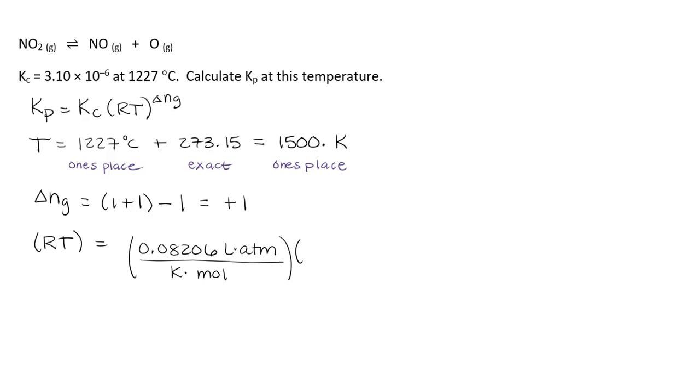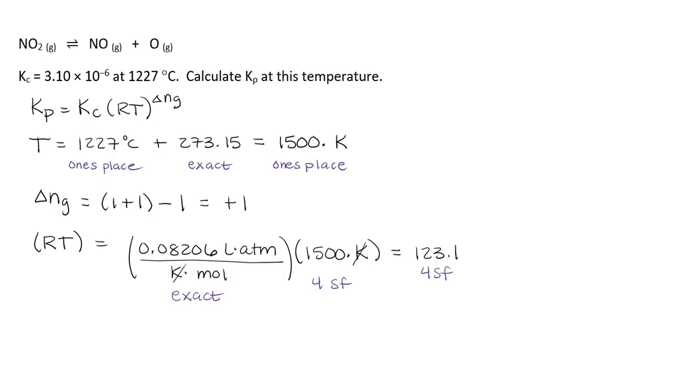So R times 1500 Kelvin. For sig figs, R is exact. I have 4 sig figs in my temperature, so my RT term will be rounded to 4 sig figs. Doing the math, 0.08206 times 1500 rounded to 4 sig figs gives me 123.1.